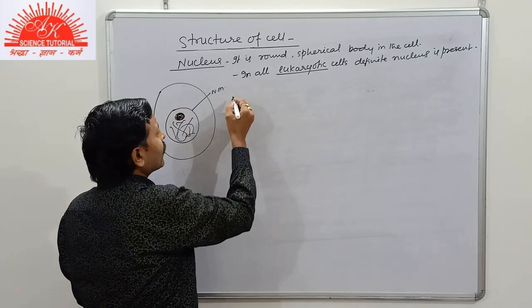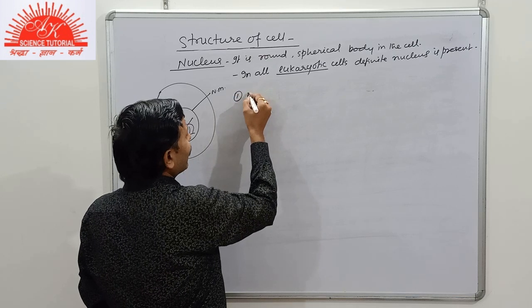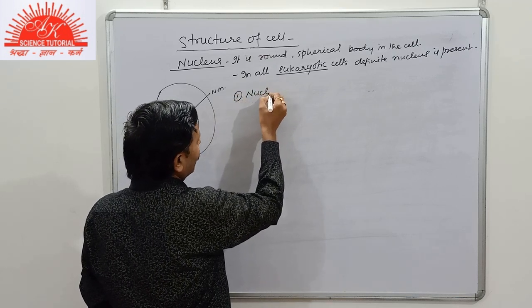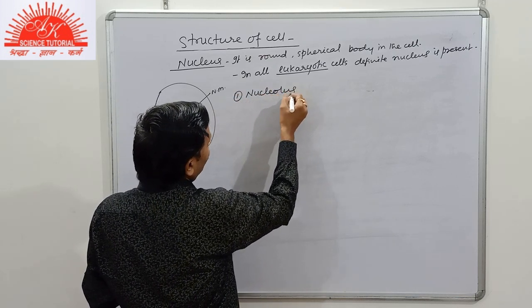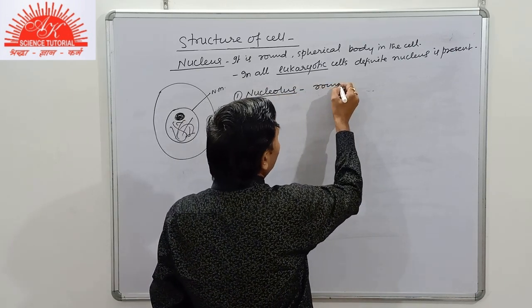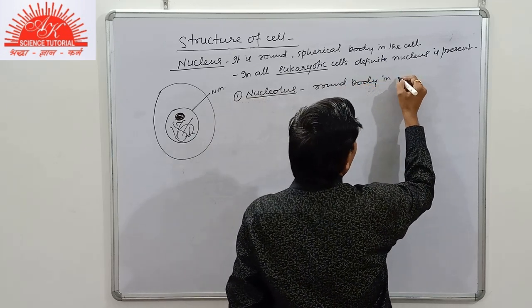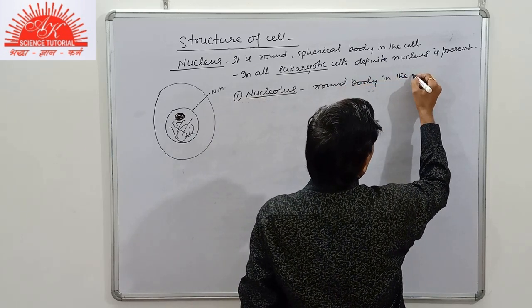Now you see, inside the nucleus there is the structure called nucleolus, a round body in the nucleoplasm.